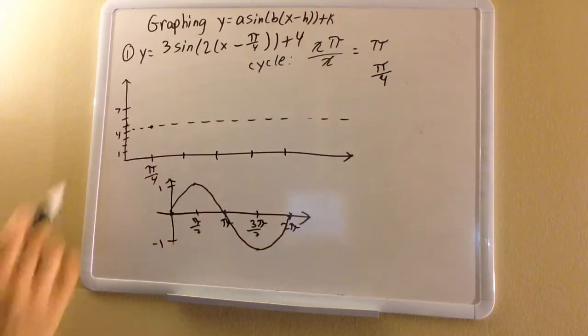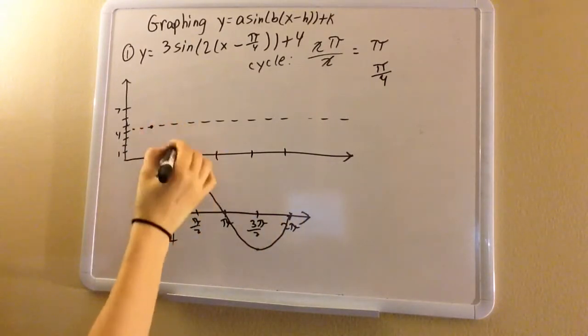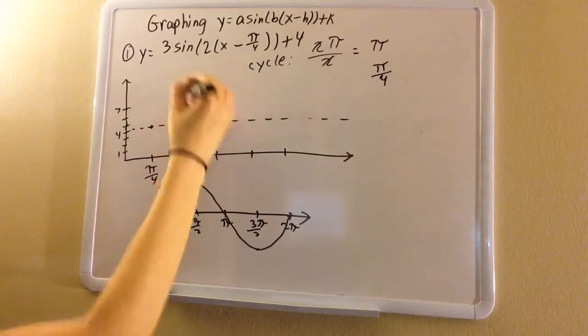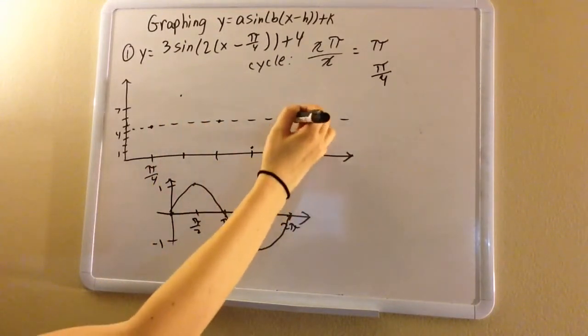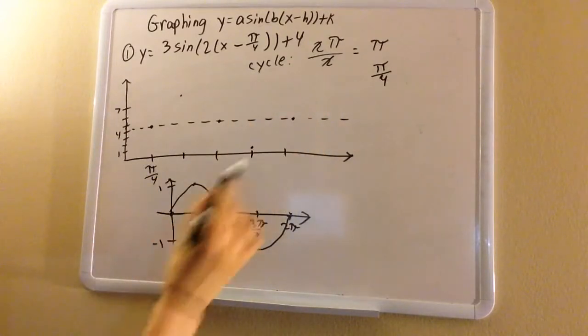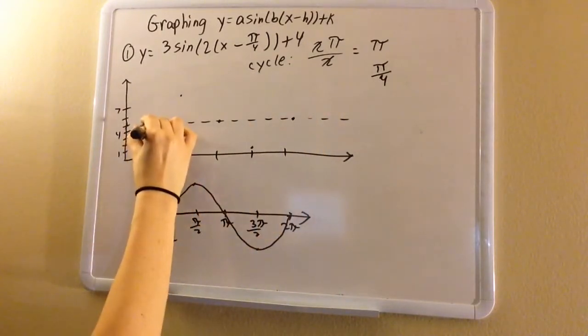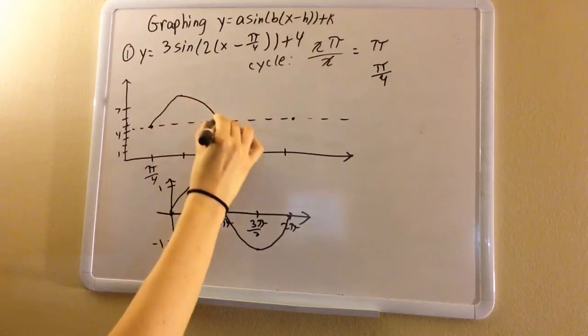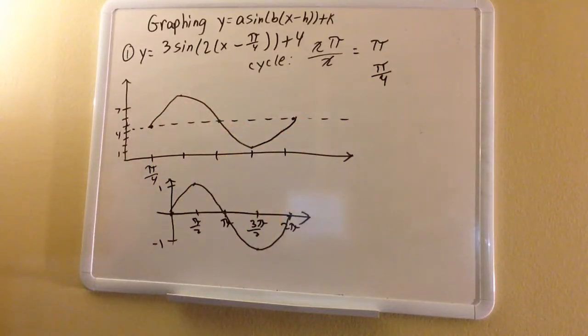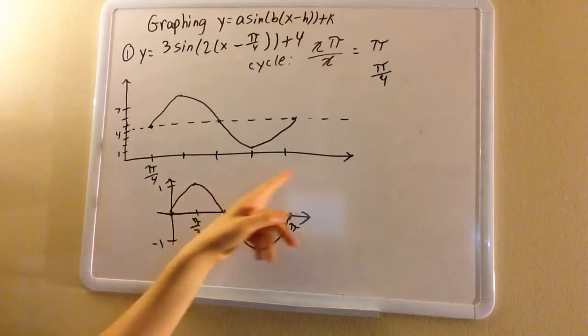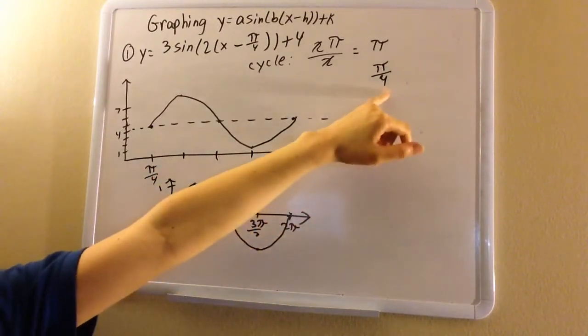Now, for this one, if you really want, you can just graph all this stuff already and label it later. But yes, you will have to label it later. And this is how you know you need those 5 different points instead of just the 4. Now to figure out what each of these points is, you need to use this pi over 4.